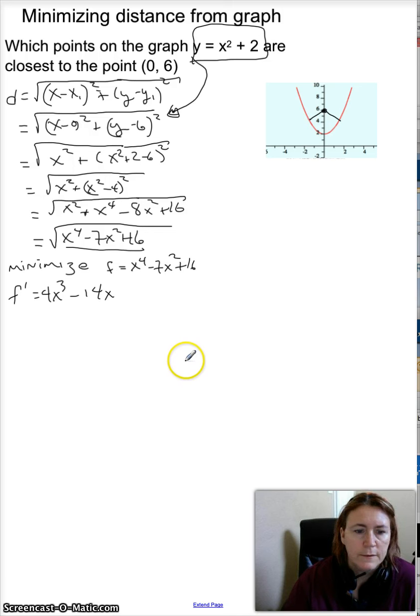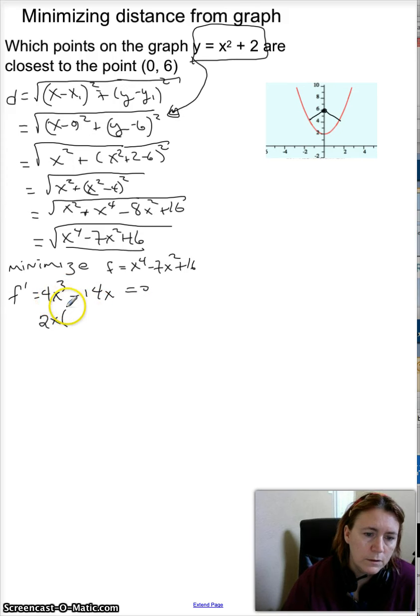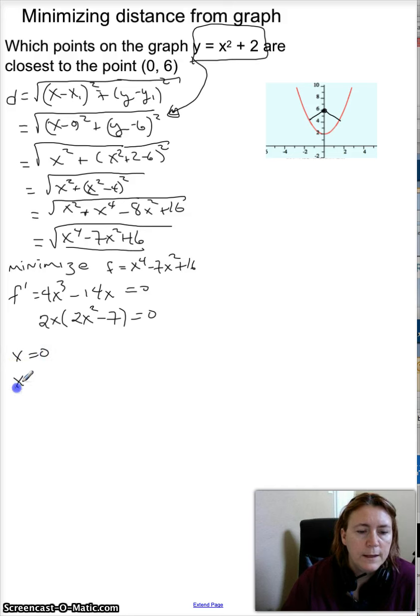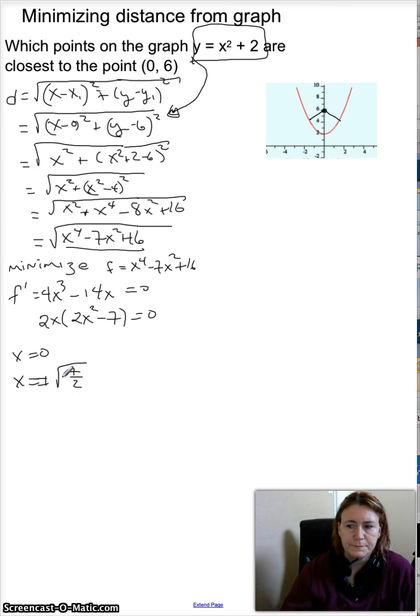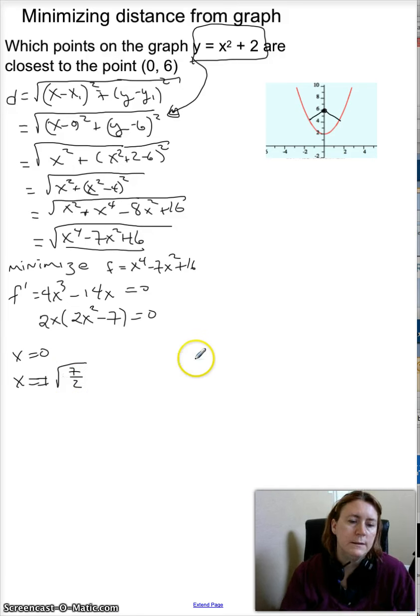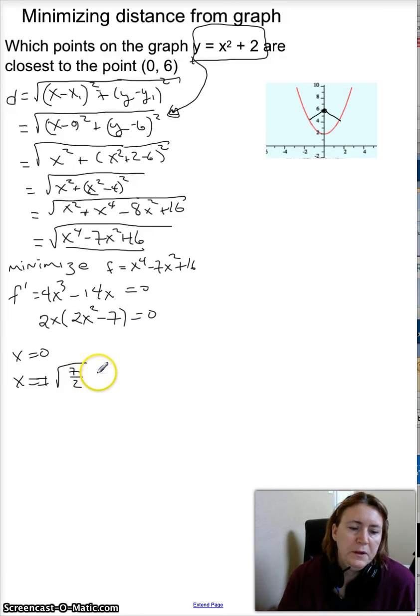Where is this going to be 0? Can I pull out a 2x? So this is 2x times 2x squared minus 7 equals 0. So x is 0 and x is plus or minus the square root of 7/2.